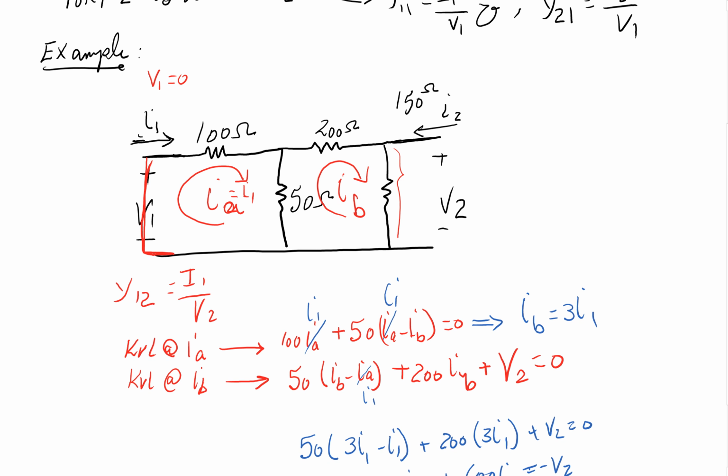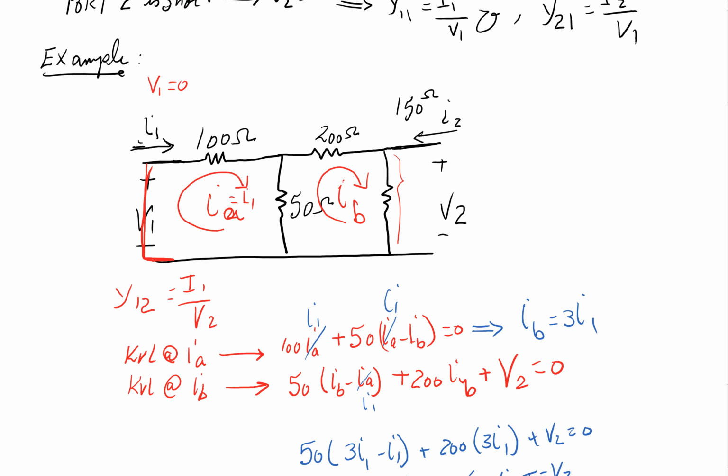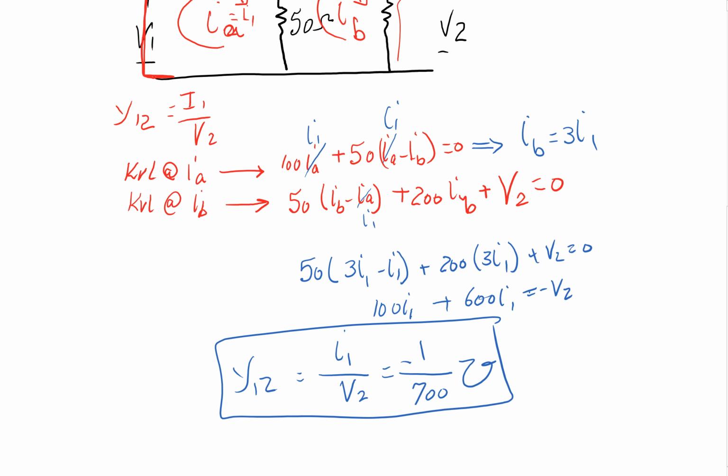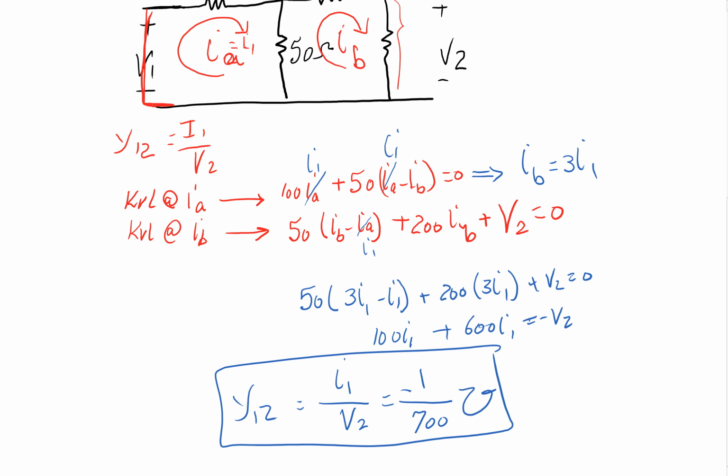And if I go back here, I1 over V2 is equal to Y12. So I found one. It was a bit of work, I admit it, but the process is relatively simple. I'll just keep applying KVL, in this case.